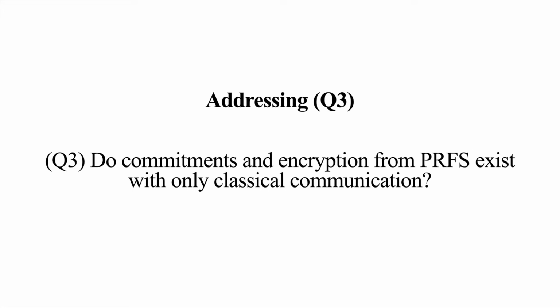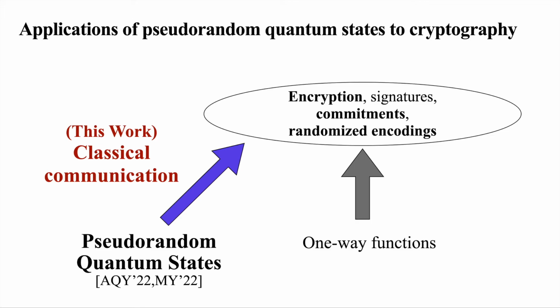The third question is to understand whether we can construct these primitives with only classical communication. And we show that you can actually construct many of these interesting primitives like encryption, commitments, and randomized encodings with just classical communication.